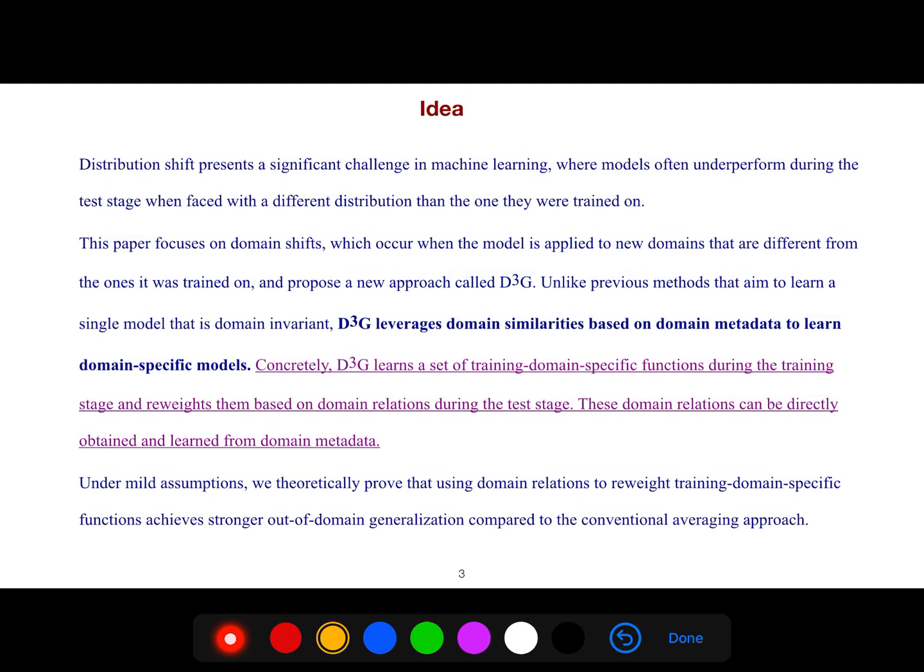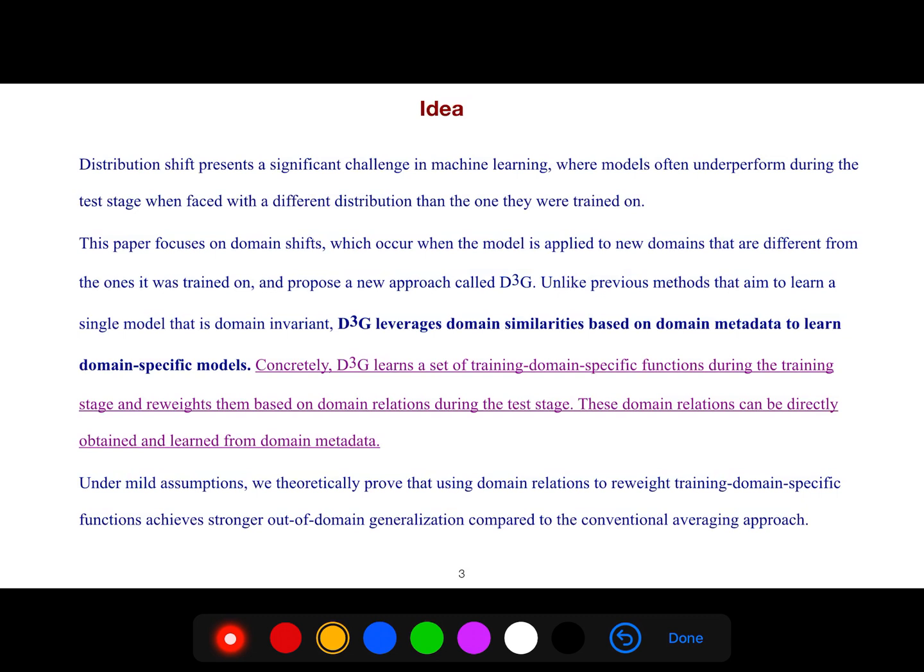This paper focuses on domain shifts which occur when the model is applied to new domains that are different from the ones it was trained on, and propose a new approach called D3G. Unlike the previous methods that aim to learn a single model that is domain invariant, D3G leverages domain similarities based on domain metadata to learn domain-specific models.